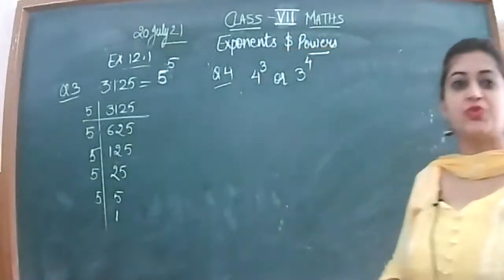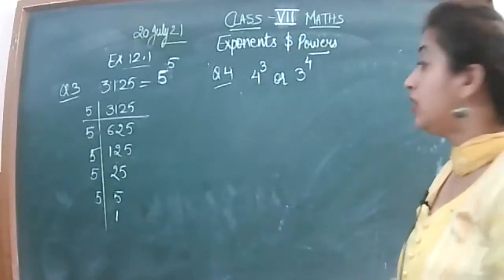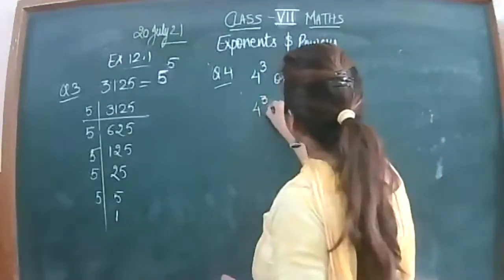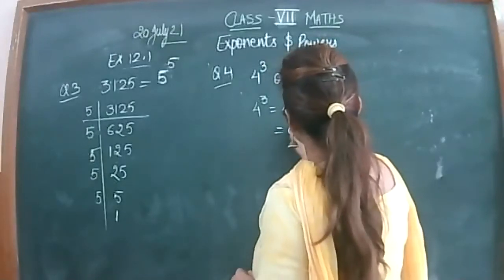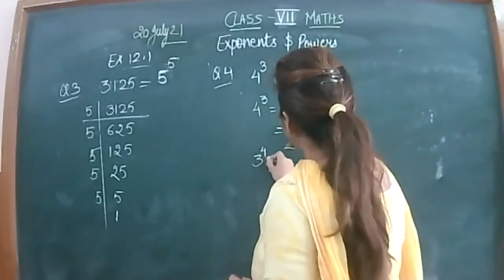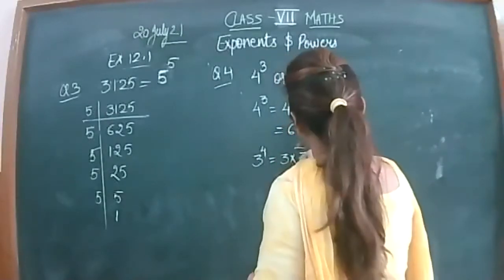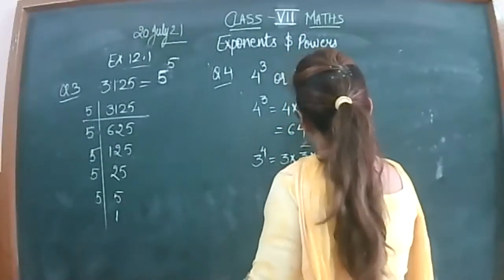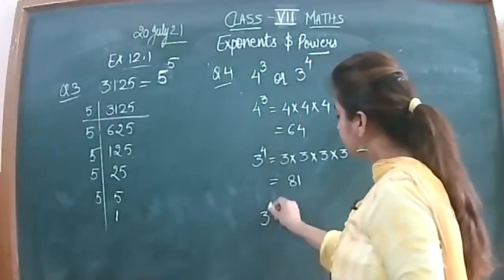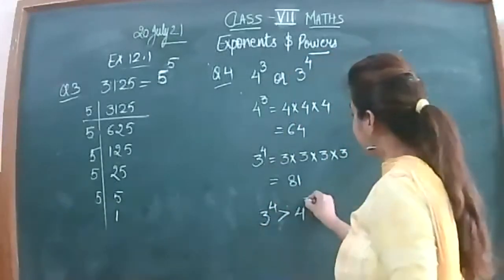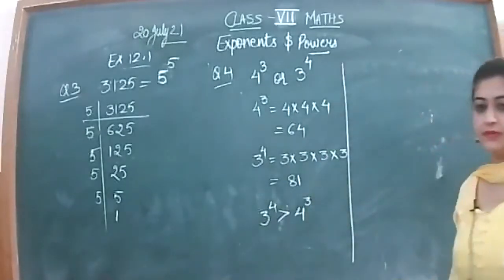You have to check which one is greater. 4 raised to power 3 is 64. 3 raised to power 4 is 81. So which one is greater? 3 raised to power 4 is greater than 4 raised to power 3.